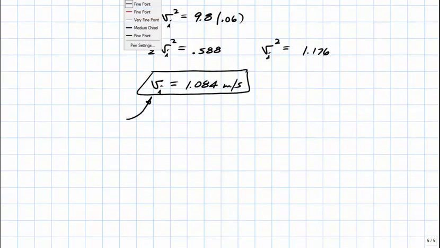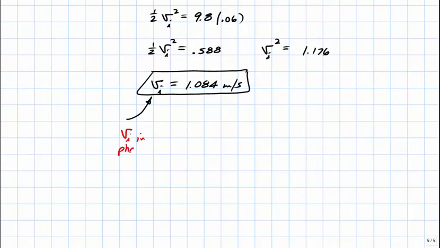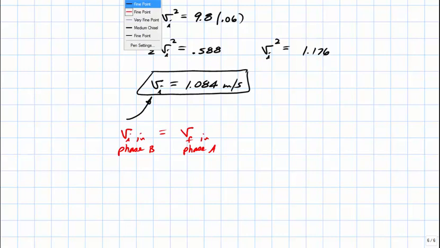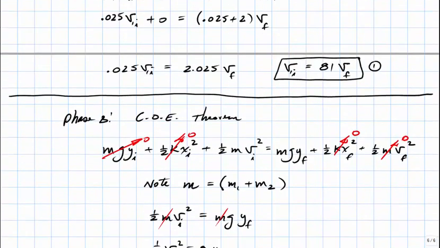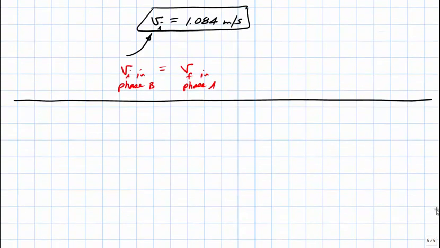And we'll make a note that V initial in phase B actually equals V final in phase A. So let's return now to where we left off within phase A. In phase A, we left off with equation number 1, which states V1 initial equals 81 times V final.